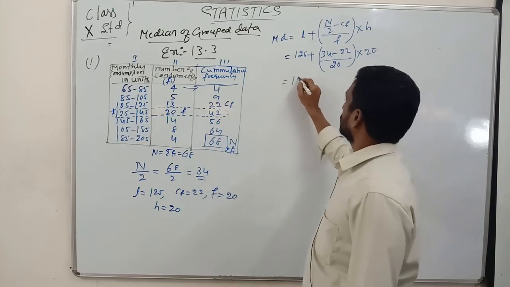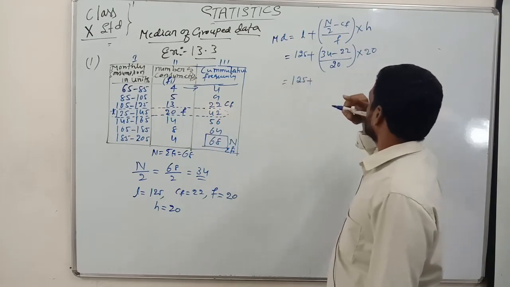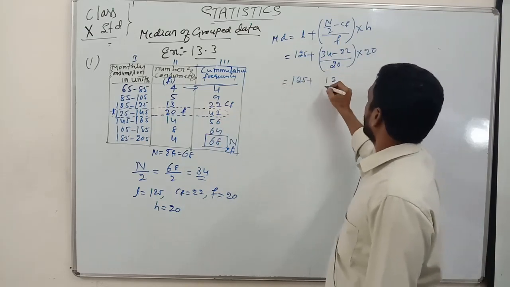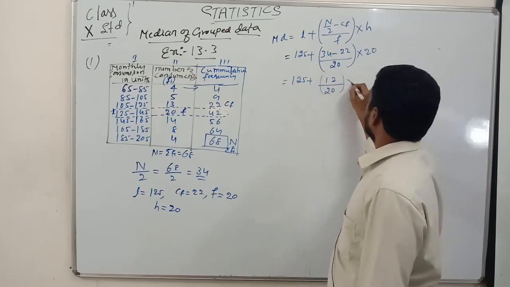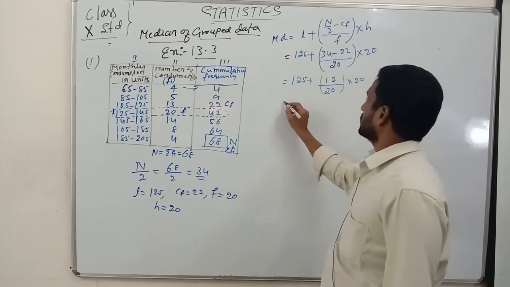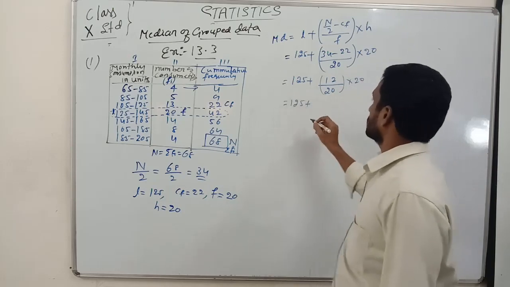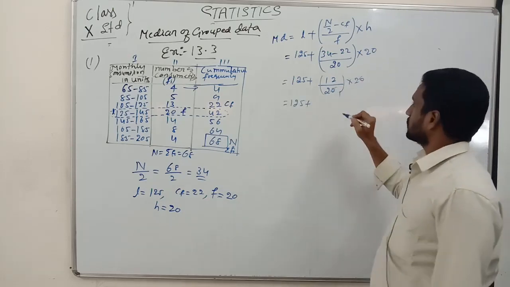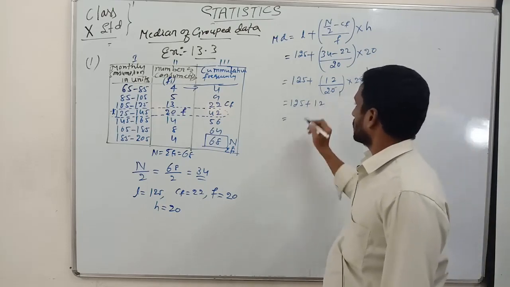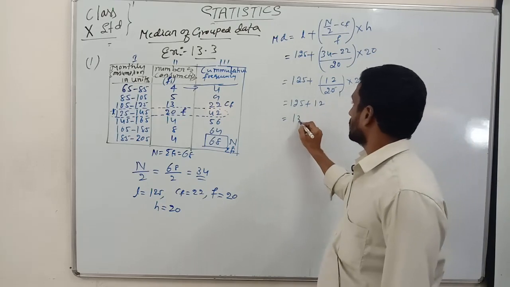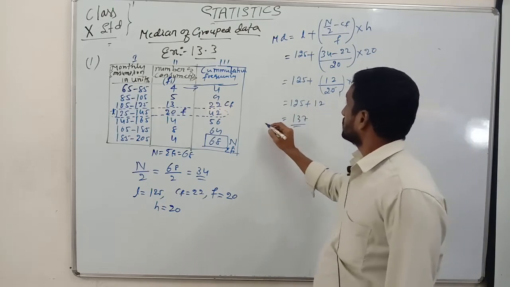So is equal to 125 plus 12 divided by 20 into 20. The 20 and 20 cancel, so 12 as it is. So 125 plus 12 is 137. This is the median.